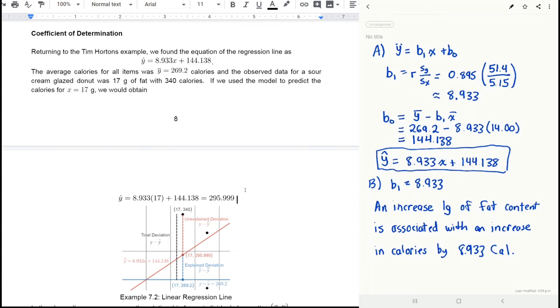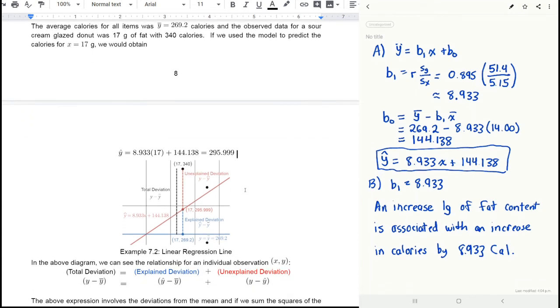Okay, so let's have a look at a diagram of the different values that we obtain. Here, this red line is the line of best fit, so the linear regression line. And the sour cream glazed donut here is the observed value.